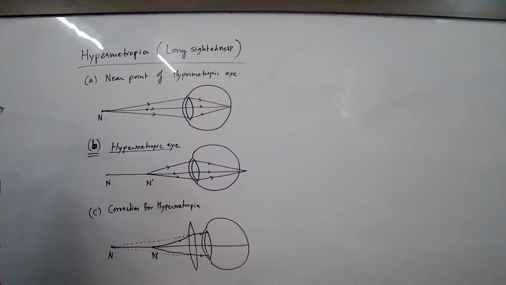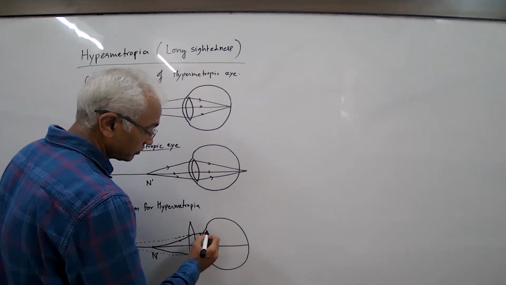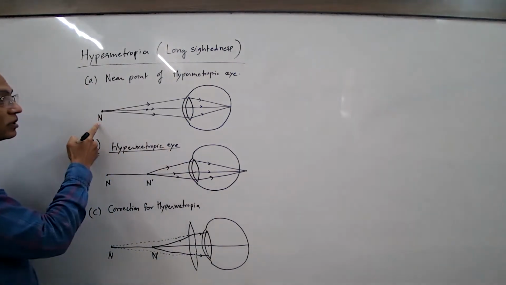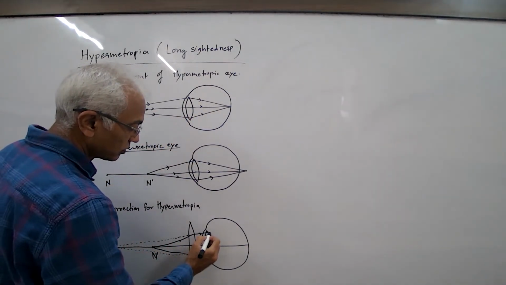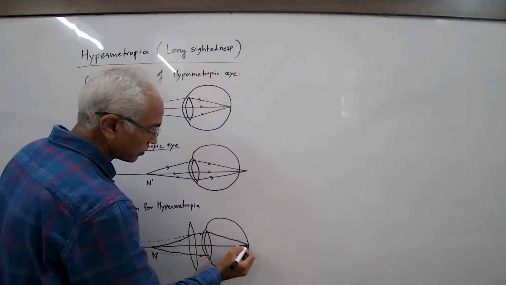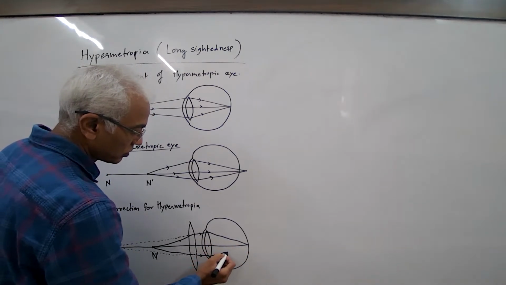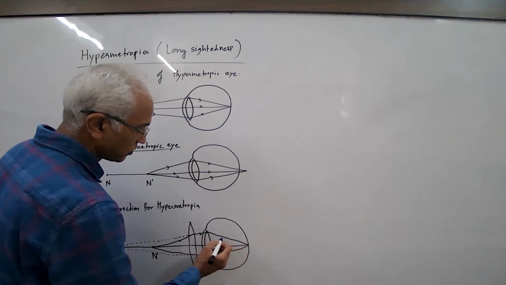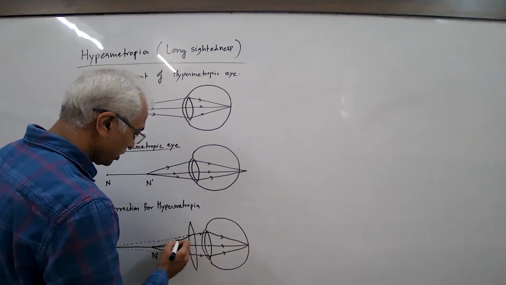Now this eye will be able to see, because whenever the object is here, the image forms at the retina.